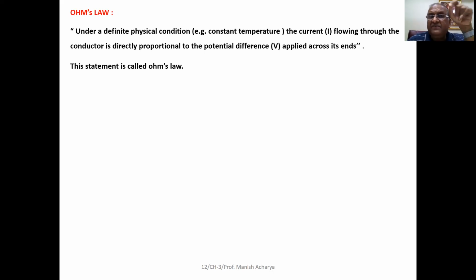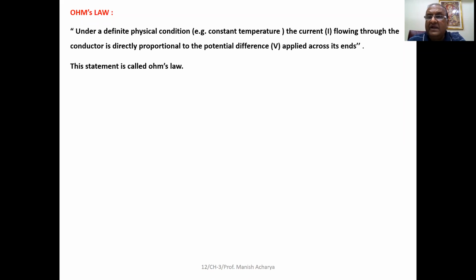Now see, under definite physical conditions, say constant temperature, the current flowing through a conductor is directly proportional to the potential difference applied across the ends of the conductor. That is Ohm's law.